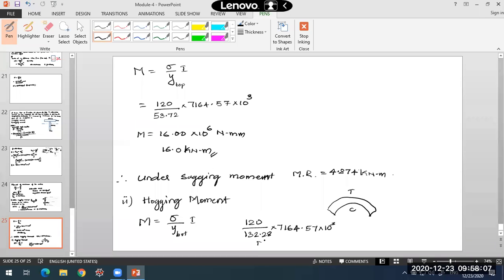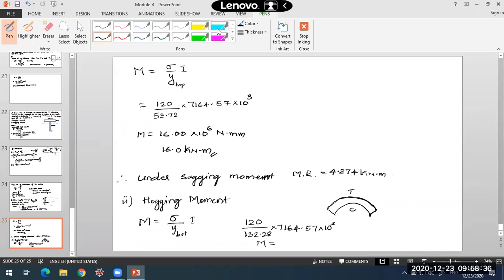This is one value of moment you will get. The bottommost fibers are in compression now, so what you substitute for sigma is the permissible stress in compression. When you take the topmost fiber y top, the top fibers are in tension when the beam is subjected to hogging moment. There you will put the sigma value as 90. That is the change you will come across.